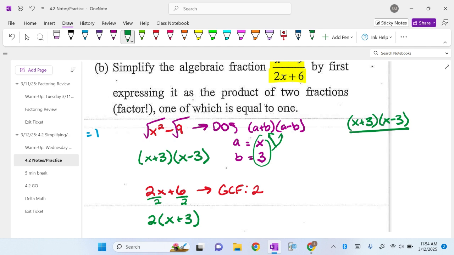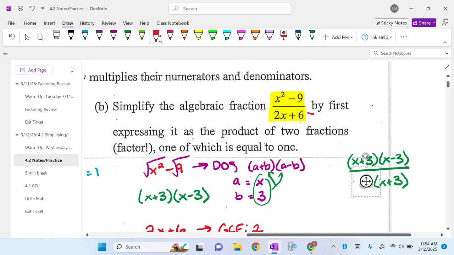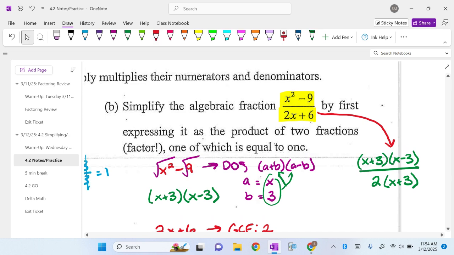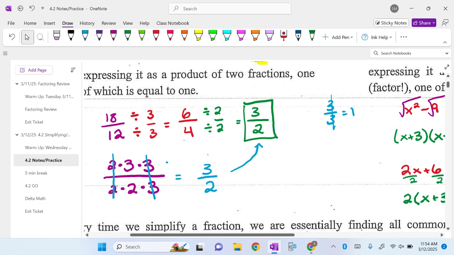So look at what's in the parentheses. Could I factor x plus 3 any further? No. So we're done. So this is my factored form of the denominator. So I'm going to put 2 times x plus 3. So we just broke down this expression into its prime factors, just like we did with part A right here.